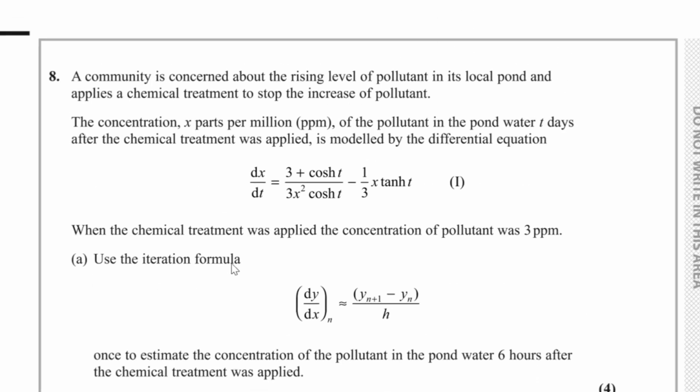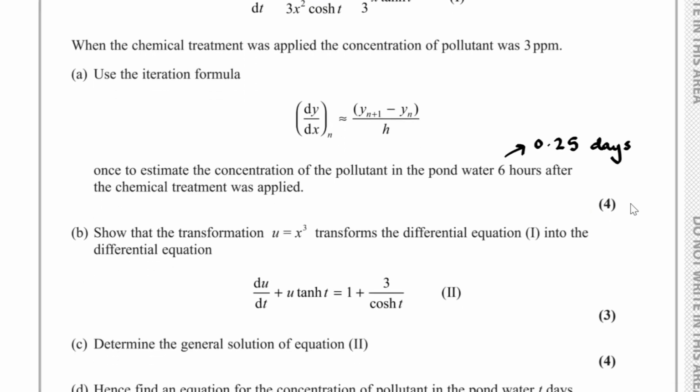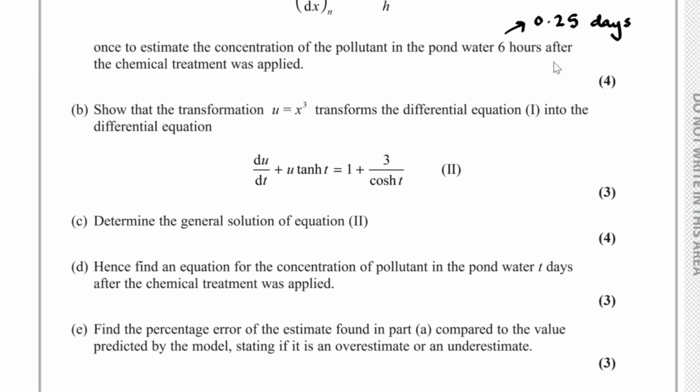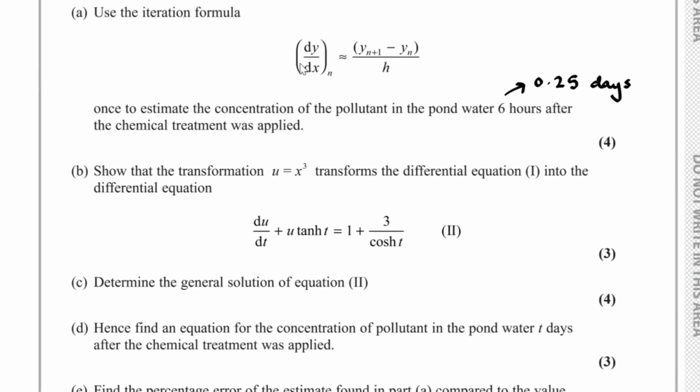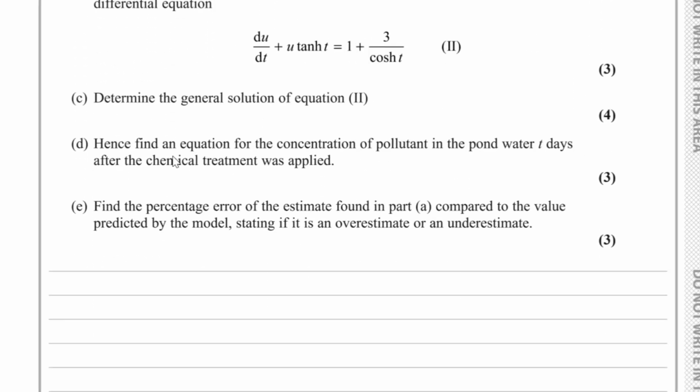Now, if we are considering 6 hours, well, if t is in days, 6 hours is 0.25 days. What we can see from here then is if t is 0.25 days, that means the value of h will equal 0.25.